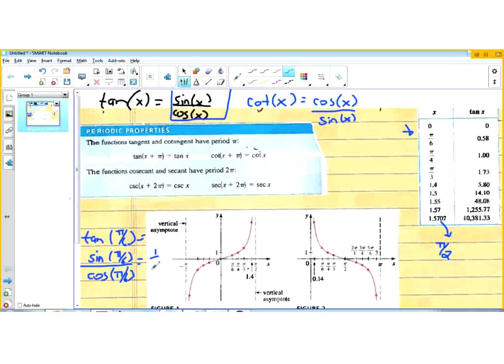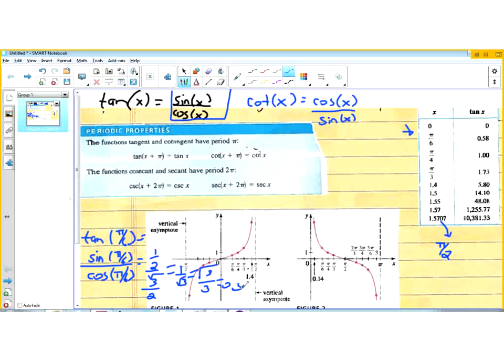So the sine of pi 6 is 1/2, and the cosine of pi 6 is the square root of 3 over 2. So that makes the tangent of pi 6 equal to 1 over the square root of 3, which is equal to the square root of 3 over 3, which is approximately 0.58.